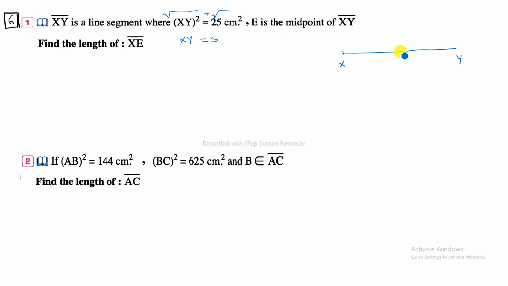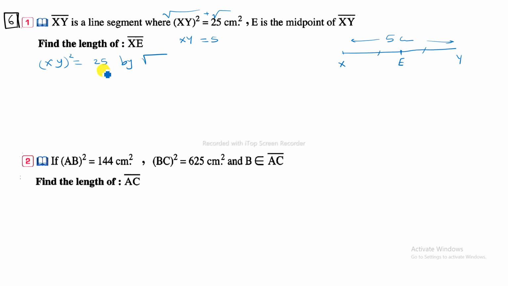E is the midpoint of the line segment XY, therefore length of XE. We said XE is half of it, so 5 centimeters gives XE 2.5. Here are the steps: XY to the power of 2 is equal to 25.